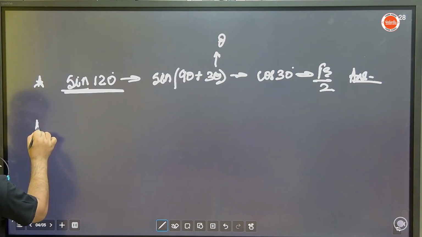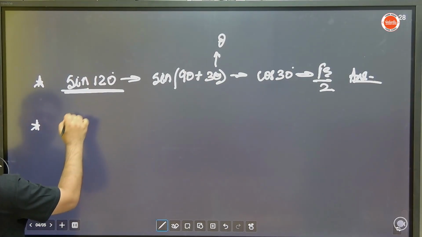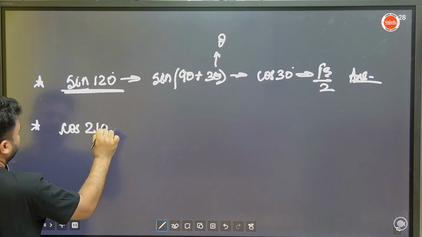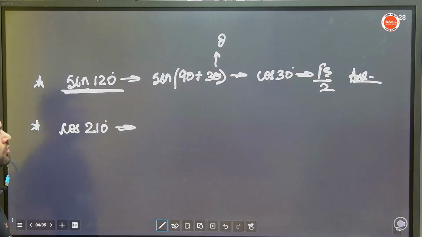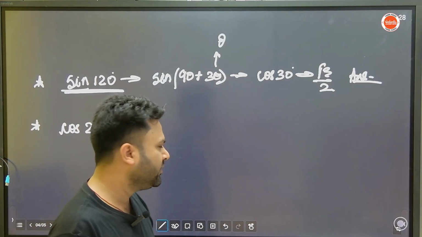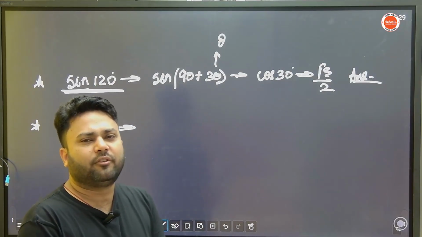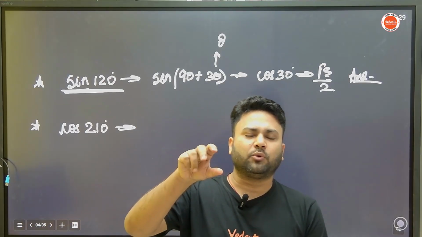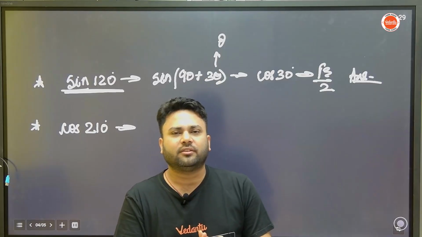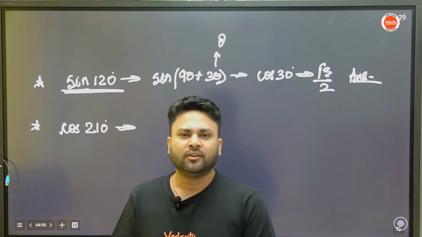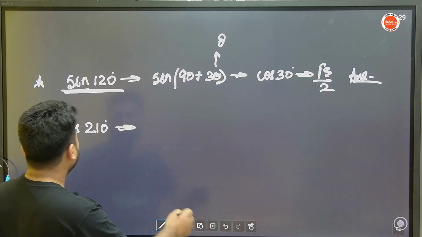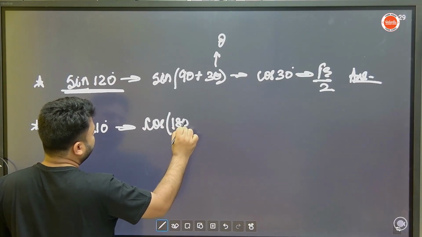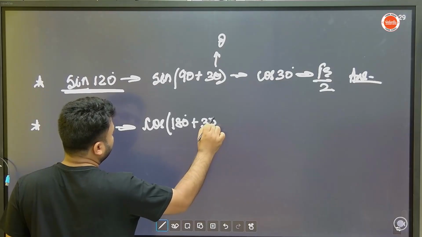Suppose someone asks, for example, cos of 210 degree. So you think how you can convert it. First you think, 210 degree is near to what, 90 or 180? It is near to 180. So you convert like this, cos of 180 plus 30.